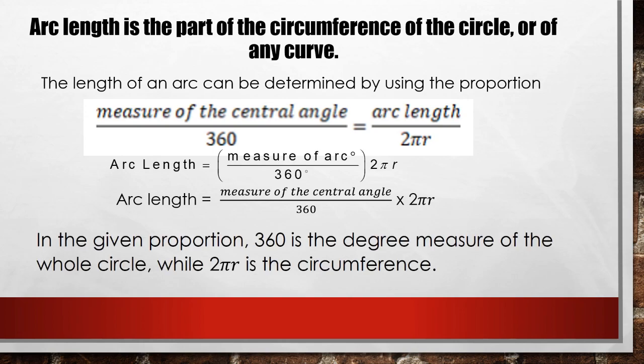So, tandaan ninyo na in the given proportion, 360 is the degree measure of the whole circle, while 2 pi r is the circumference. So, always remember that principle.